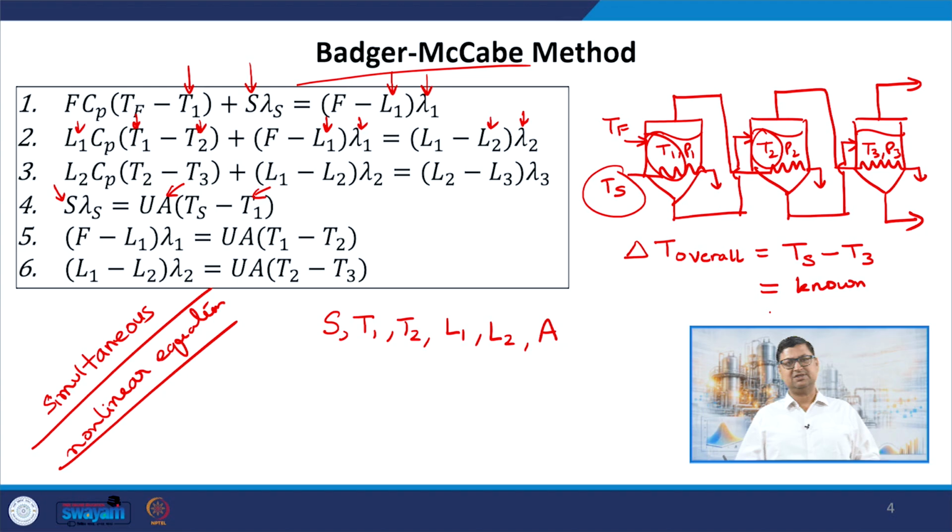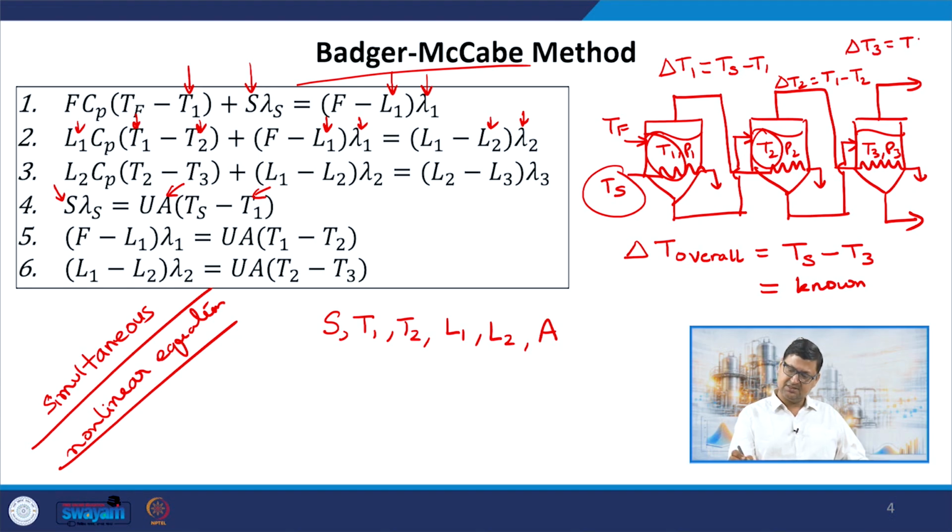T1 and T2 are unknown, and I am guessing them. So the overall drop is known, but the drops happening in the first and second effect, delta T1 as Ts minus T1, delta T2 is T1 minus T2, and for that matter, even the third effect, delta T3 is T2 minus T3. These temperature drops are not known to us, and when we guess something, we will have incorrect values of those temperature drops.